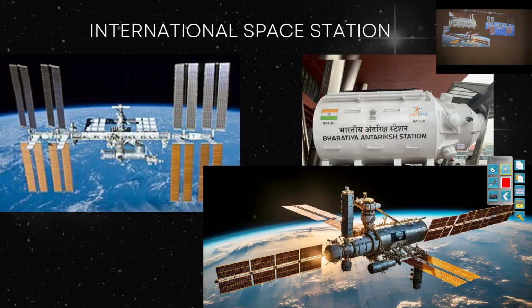Not ISRO. So it is placed in the low Earth orbit only, International Space Station, and by 2030 they are planning to retire this International Space Station. Okay, they are going to send a new one. And India is planning to do its own space station in the low Earth orbit, that is Bharatiya Antariksha Station, and they are going to do it by 2030 is what the plan is. But it will extend for a few more years.